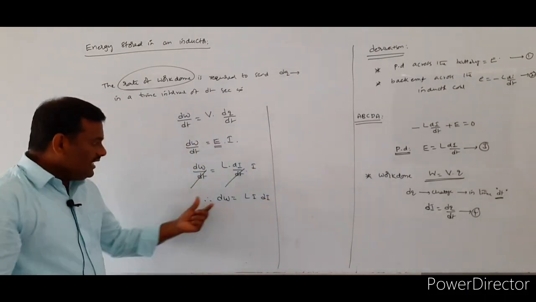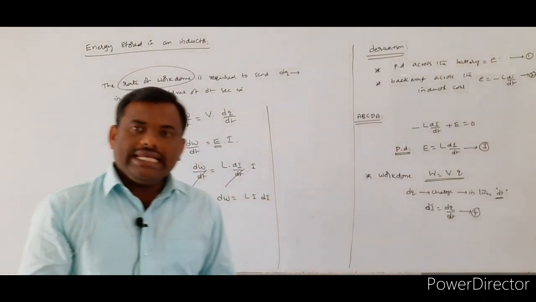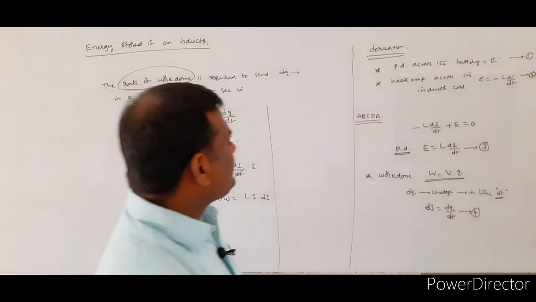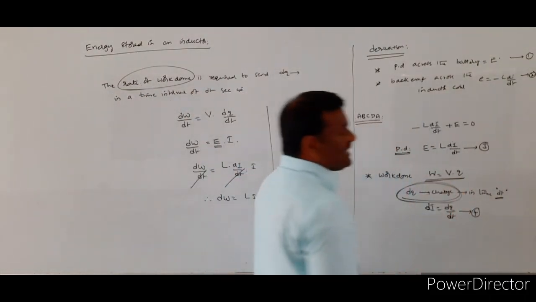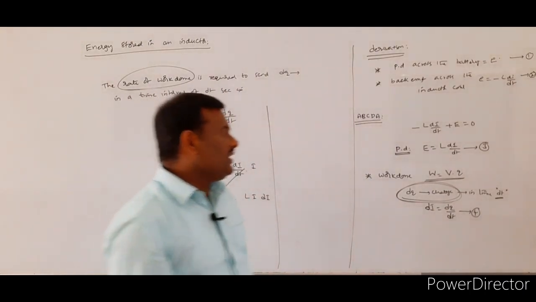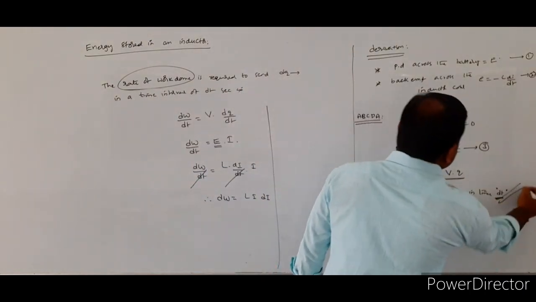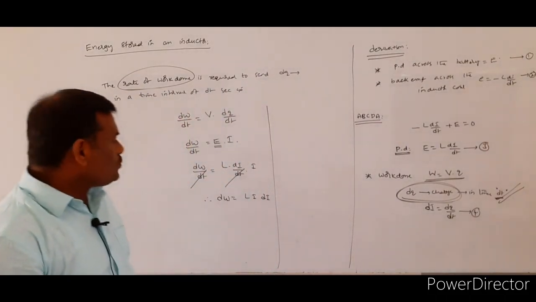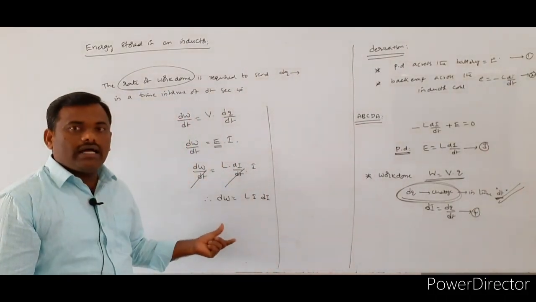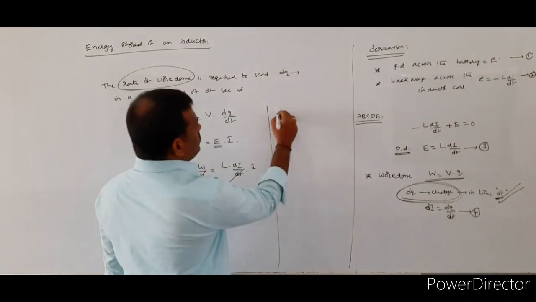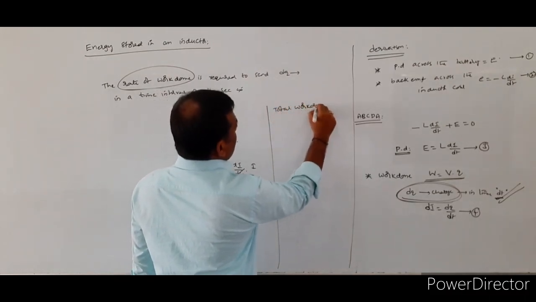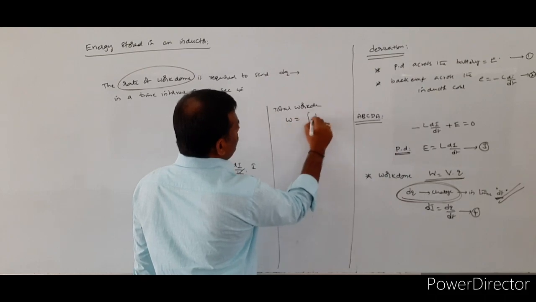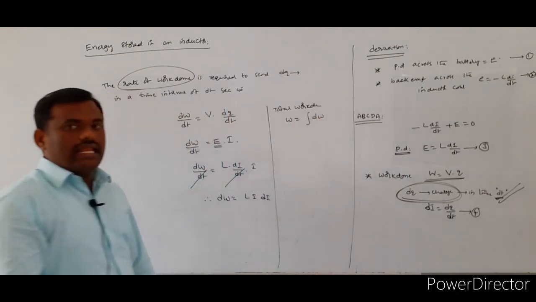Here dW is the work done to send a small amount of electrical charge in a time of dt seconds. To get the total work done, we have to do the integration. Total work done, W is equal to integral dW.